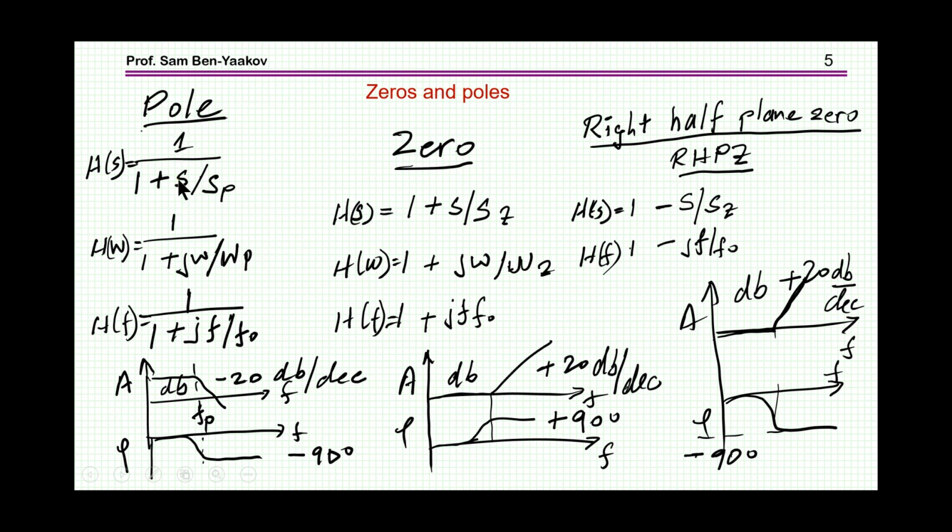So we have a pole. A pole is an expression in which we have 1 over, in this case with the Laplace transform, 1 plus S over S_P, or 1 plus j omega over omega_P, or 1 plus jf over f0, where this is the angular frequency and this is the frequency. And the behavior of a pole is something like that.